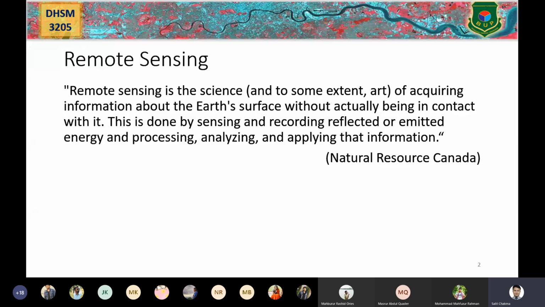And then that energy is again being reflected from the surface of Earth. So my point is, it's not always that the sun directly becomes the source of energy. Sometimes something else is the source of energy, be that a direct source or an indirect source. For example, the moon is an indirect source of energy.